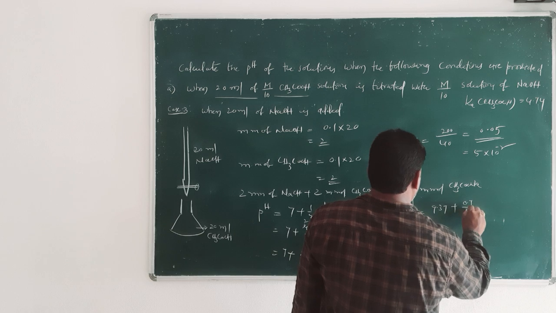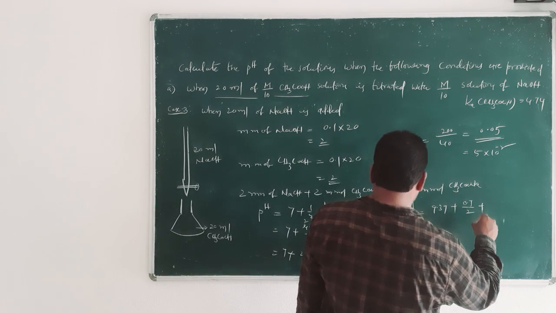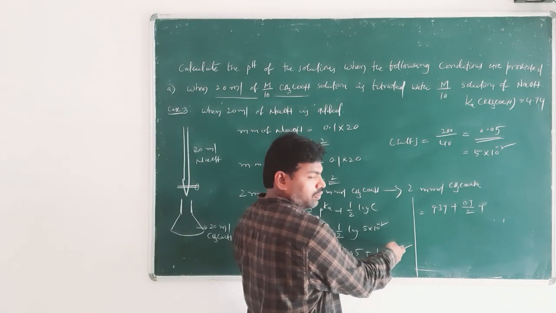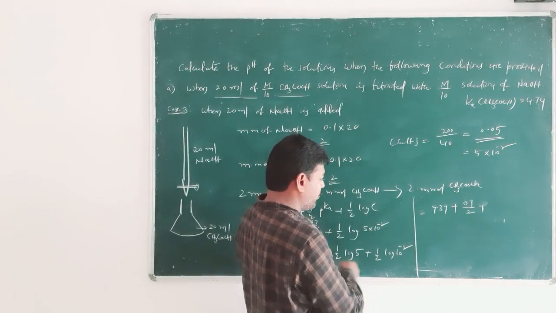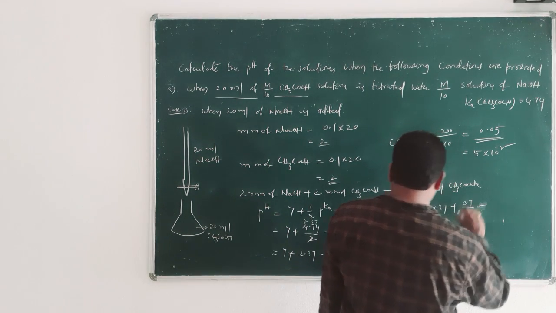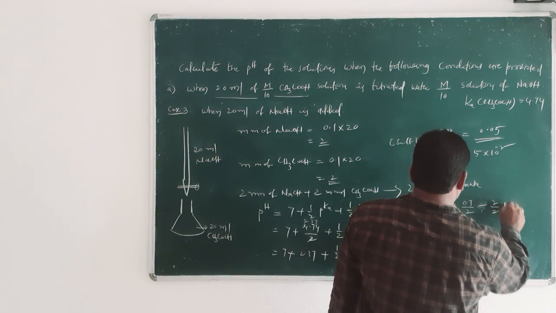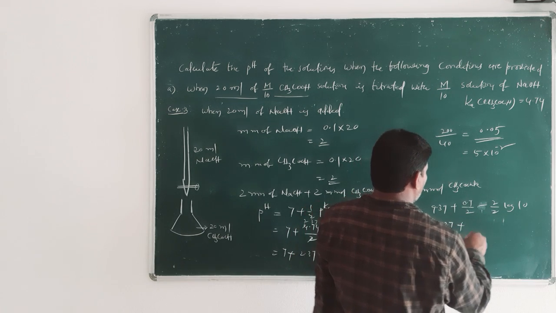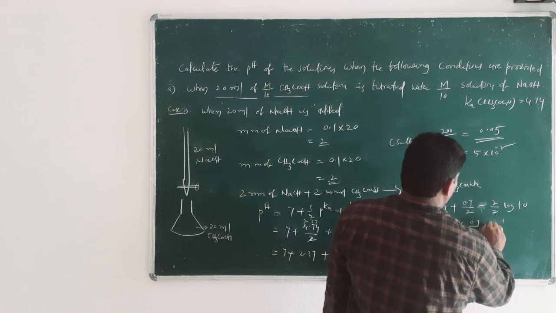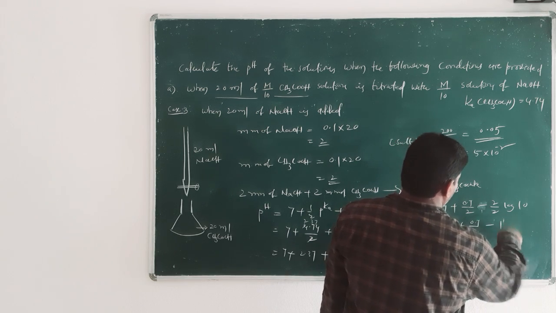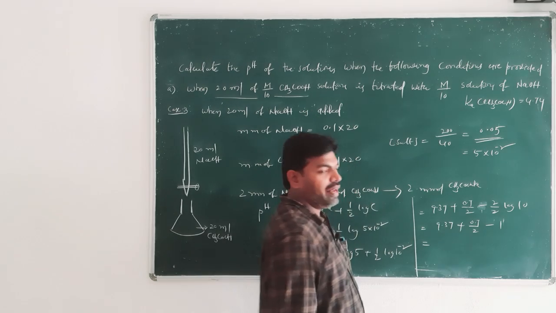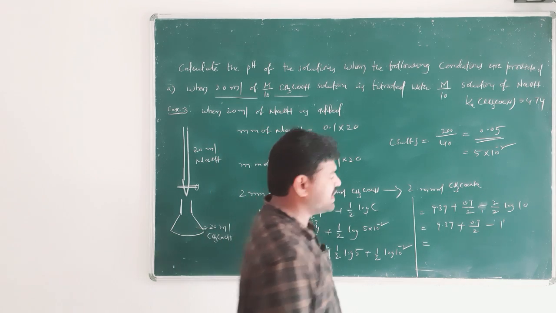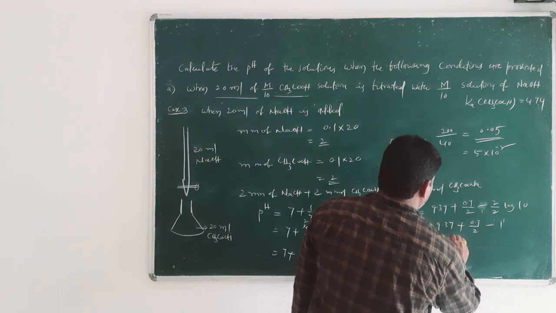0.7 by 2 plus, when we take the negative sign, that is 10 power minus 2 before the logarithm, that is minus 2 by 2 log 10, that is 9.37 plus 0.74 by 2 minus 2 by 2 times 1, that is log 10 is 1, okay, which comes out to be 9.37 plus 0.7 by 2, which comes out to be 8.72.